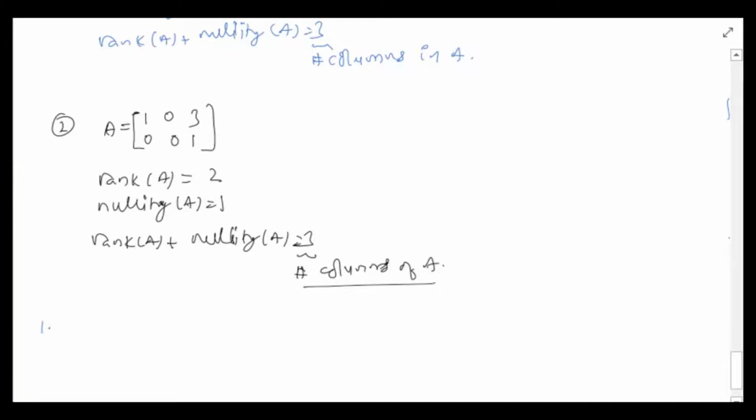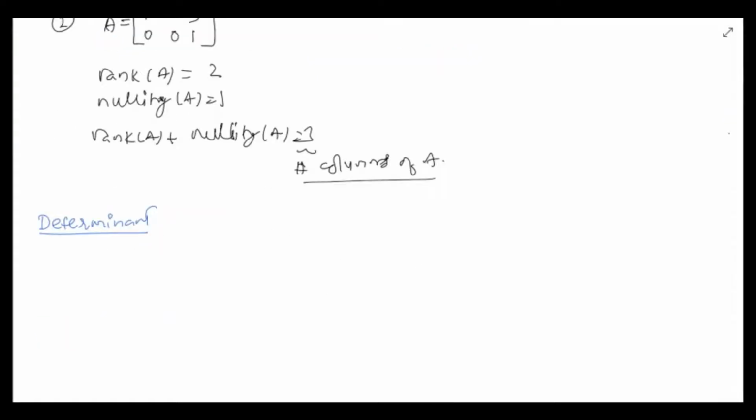Next we look at the notion of the determinant of a matrix. Determinants are defined for square matrices. The determinant of any square matrix is a real number.